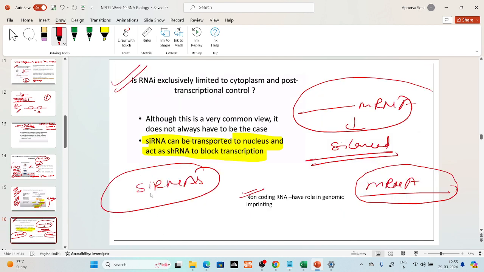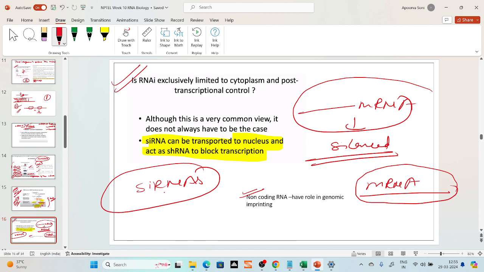What happens then is that these siRNAs are normally present in the cytoplasm. Remember, siRNAs by default perform their function in the cytoplasm. Why? Because the mRNA, after it is transcribed and completely processed, comes out of the nucleus into the cytoplasm where it has to start the translation process.